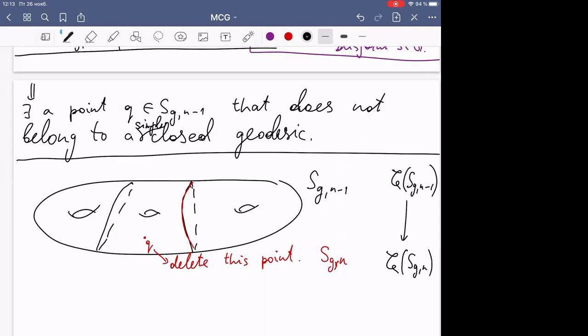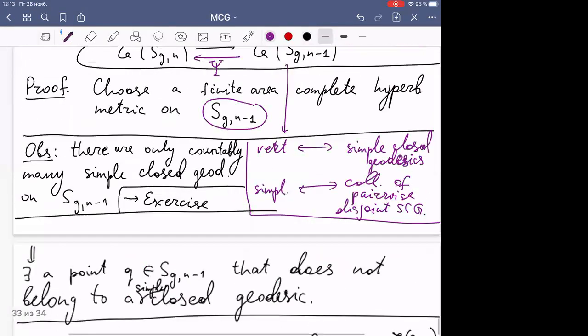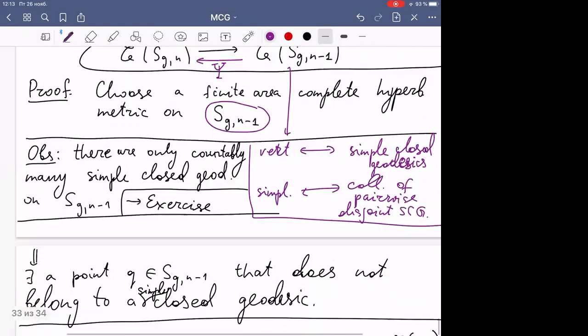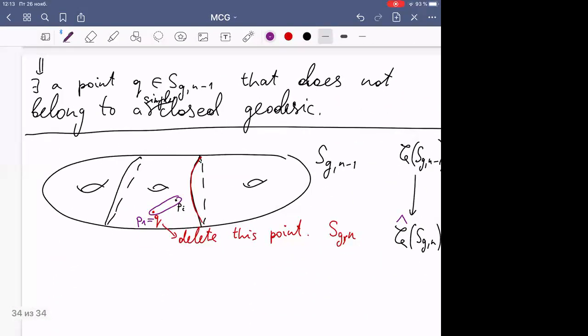But look, of course, it is not possible that we obtain a curve that encloses exactly 2 punctures, one of which is this Q. So in fact, we get into C hat, where this Q, actually this is P1. We just denote all other punctures by P2, ..., Pn, and this P1 is exactly this new puncture.